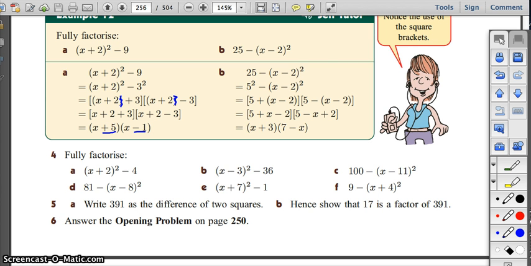So this one will be x take 3 plus 6, and then x plus 3 take 6. And then you just get rid of those. This becomes what?